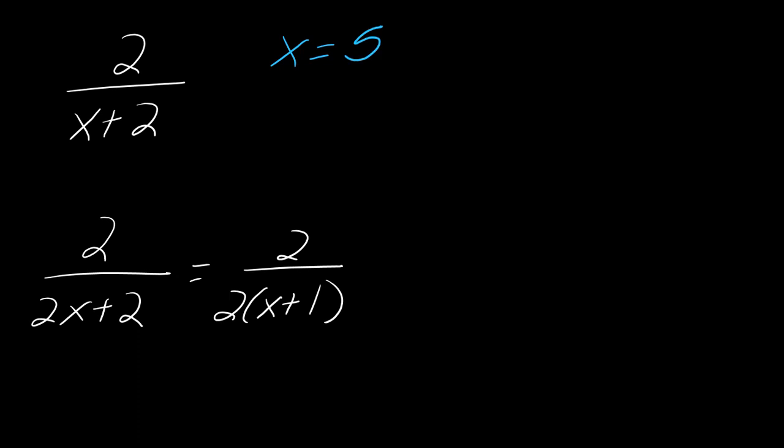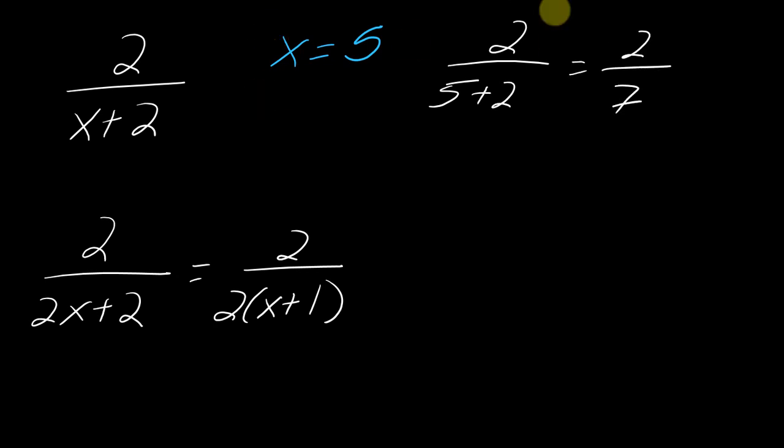If I take x equals 5 and plug it into this first expression, this becomes 2 over 5 plus 2, which is 2 over 7. I cannot simplify 2 over 7 anymore, right? So it would be wrong of me to cancel out the 2's and call this 1 over x, because then in plugging in 5, this would just equal 1 over 5. 1 over 5 and 2 over 7 are not equivalent, okay?